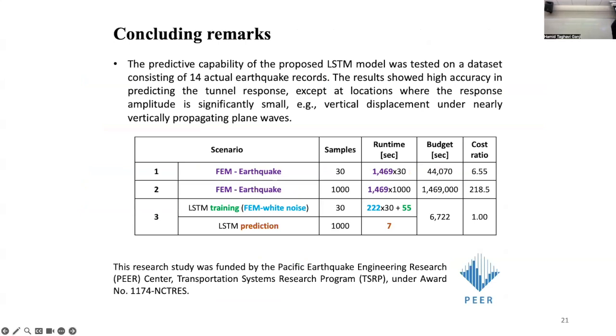In this table, I'm comparing the cost of these different scenarios. If we train our LSTM model with 30 samples and predict the 1,000 samples, it's almost more than 200 times faster than running 1,000 finite element models.